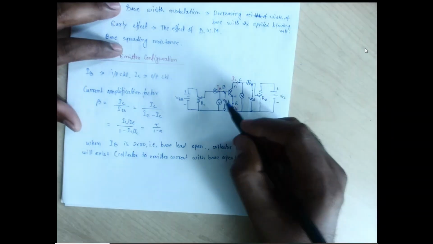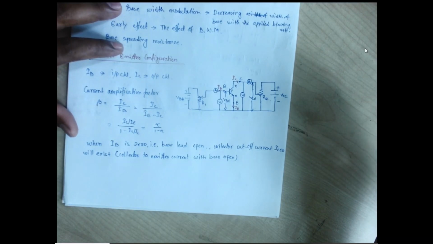As IB is open, we can't assure how many charge carriers will be able to move through this base towards the collector. So it is obvious that this current will be quite higher than ICBO. ICEO will be higher than ICBO.